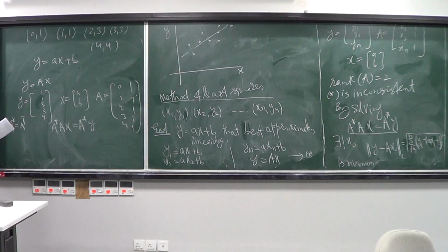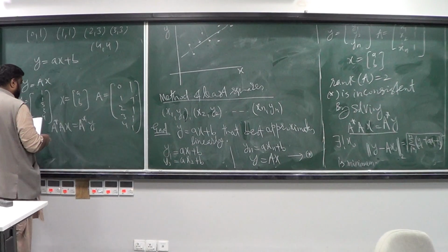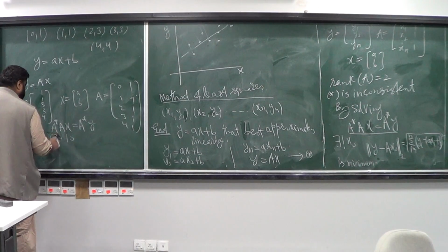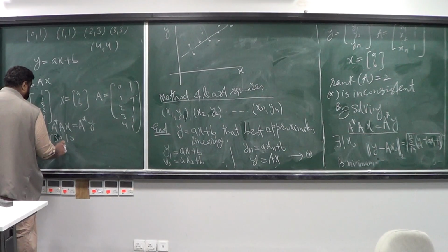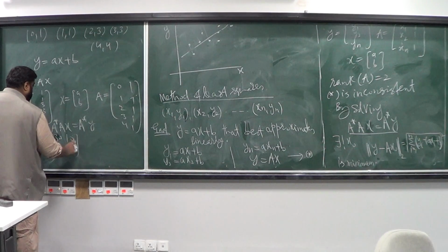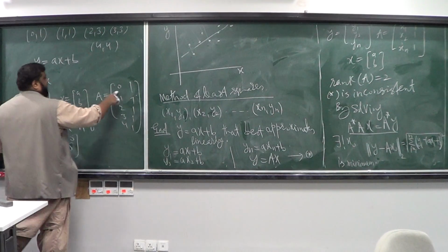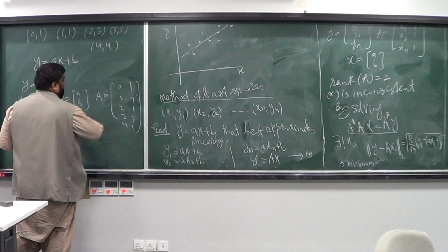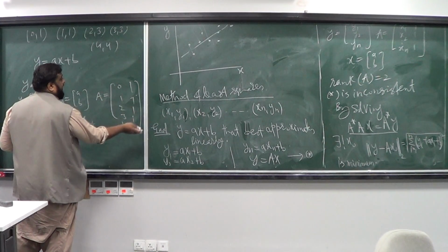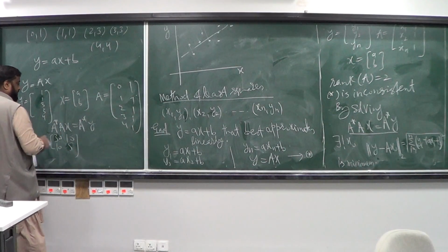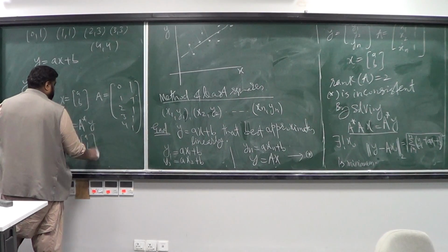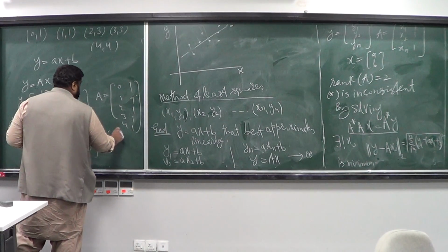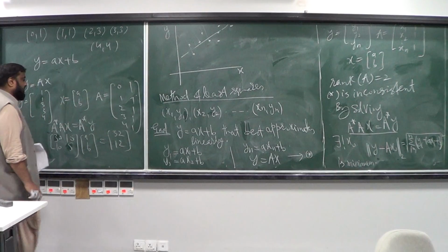When you multiply A star with A, this is going to be 30, 10; 10, 5, a 2 by 2 matrix, because A is 5 by 2 and its transpose is 2 by 5. So a 2 by 5 matrix multiplied by a 5 by 2 gives you a 2 by 2 matrix. And x is (a, b), and my A star y is going to be 32 and 12.